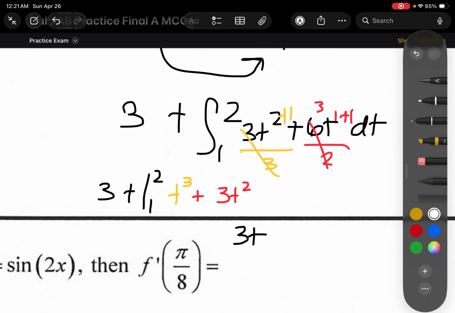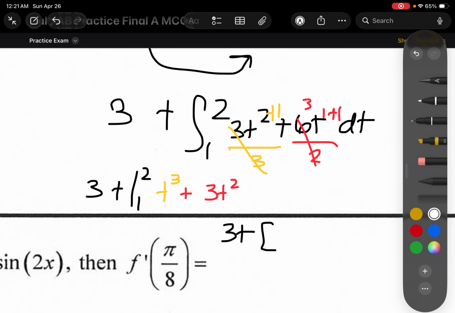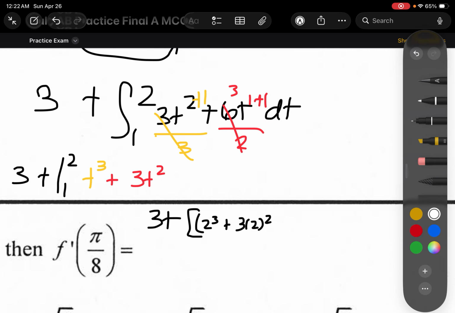So that's going to be 3 plus 2 cubed plus 3 times 2 squared, minus 1 cubed plus 3 times 1 squared.